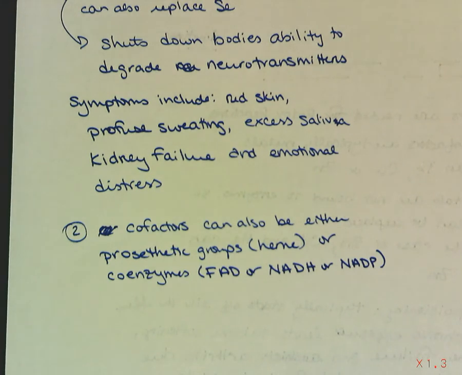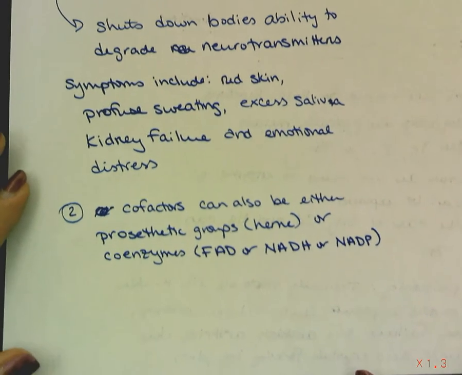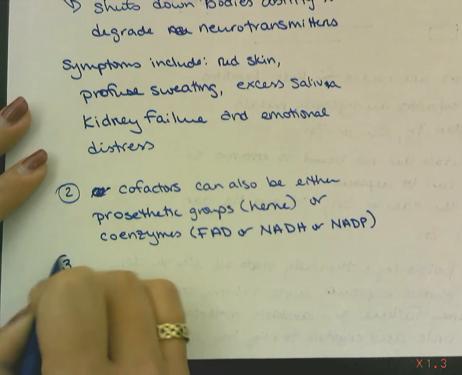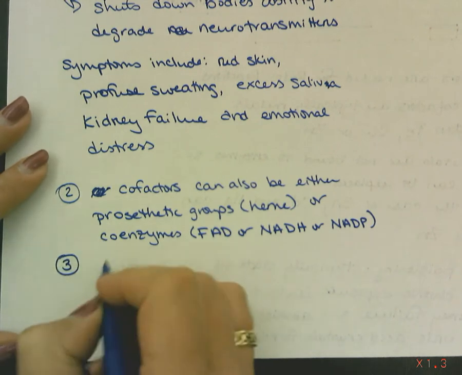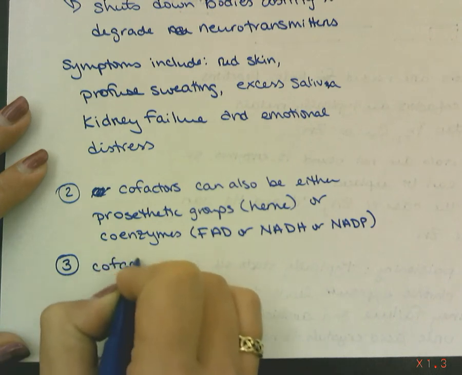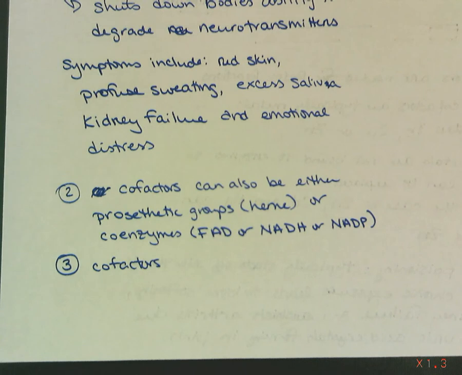Those guys all count as things needed to make the enzyme work, but they're not part of the protein structure. They are associated with that active site somehow. And they're associated with the active site needed for the enzyme to work.